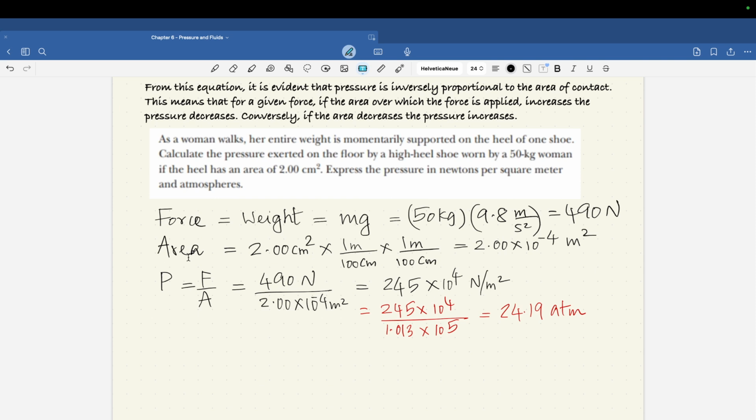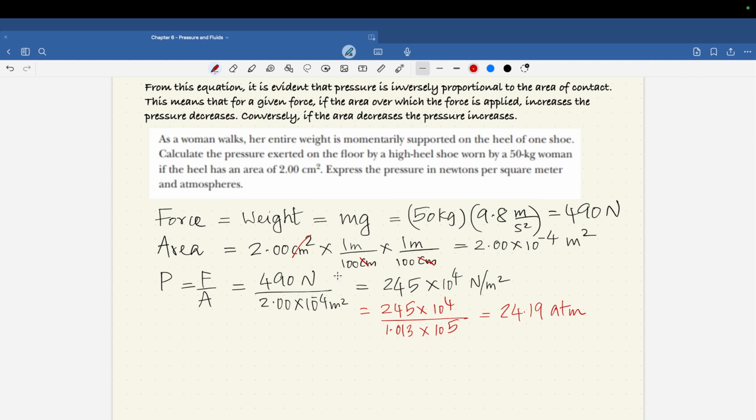Now the area in centimeter square to be changed into meter square. We know that 1 meter is 100 centimeter, but we got to write it twice so that it cancels out, because otherwise it won't cancel. See, now because you have written it twice, you can cancel this centimeter and this centimeter with this centimeter square.